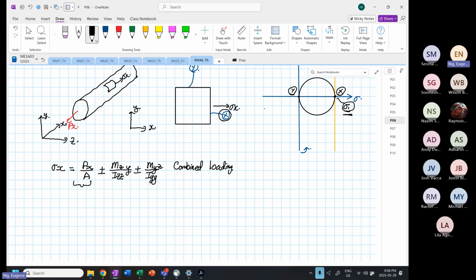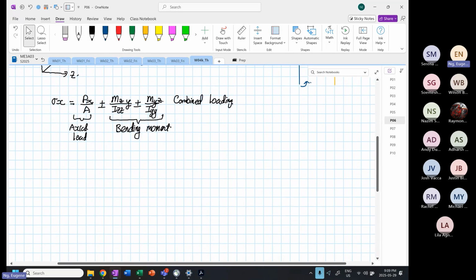Over here, this is your axial load, and over here, this is due to bending moment. Before term test 2, we'll go into more detail on this aspect.